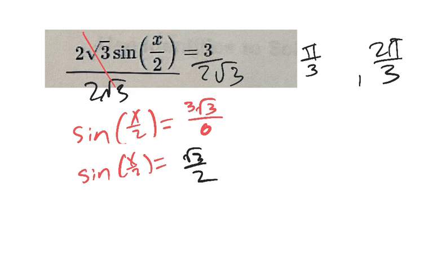Which means 2 pi over 3 is this answer. And I want x over 2 to be 2 pi over 3, because this should be the other answer.